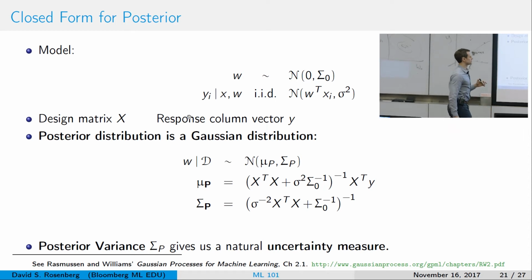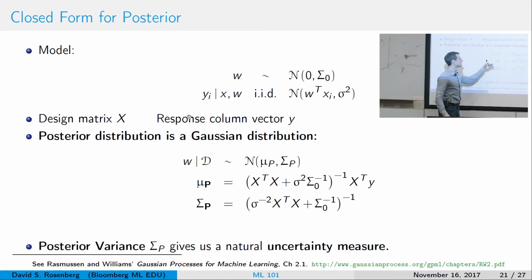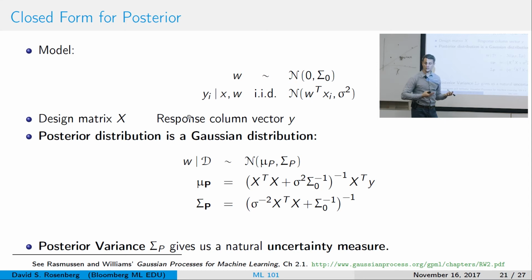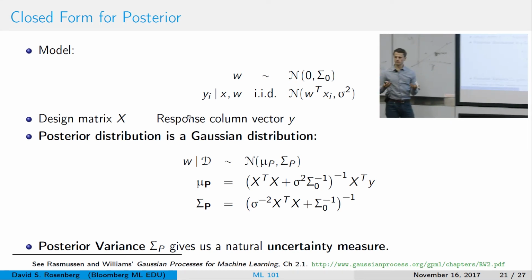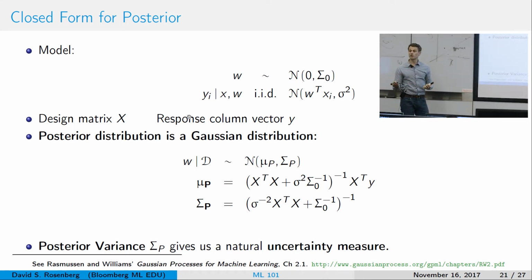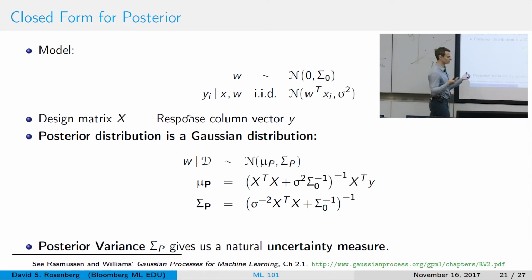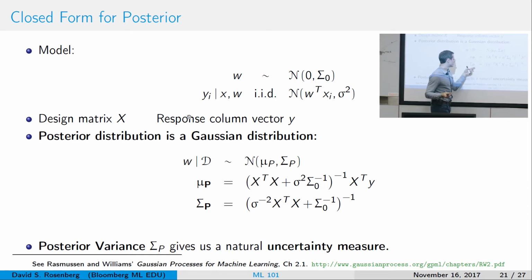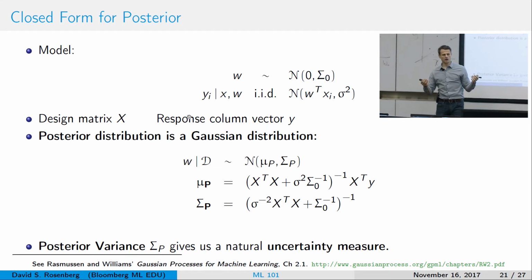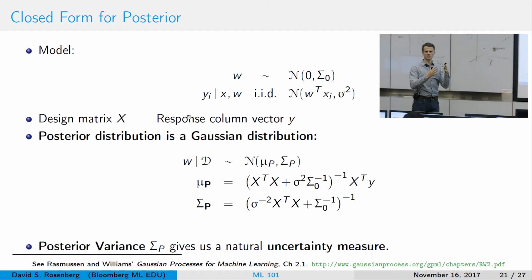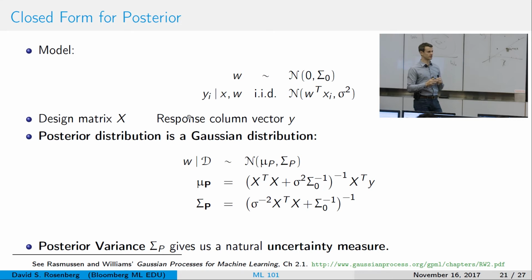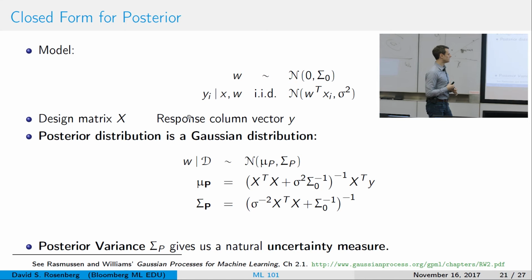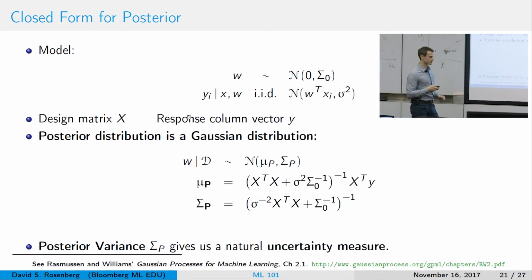But the interpretation is that this posterior covariance, sigma p, is a measure of the uncertainty in our posterior knowledge of what W is, what the best line is. So we hope that as we get more and more x's, this covariance matrix gets, in some sense, smaller. You could think of that in terms of its eigenvalues or determinant, or different ways to assess how big this covariance matrix is.